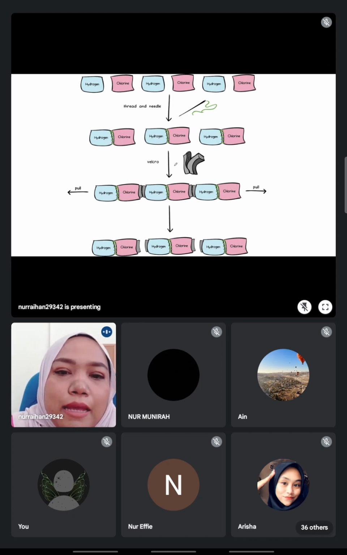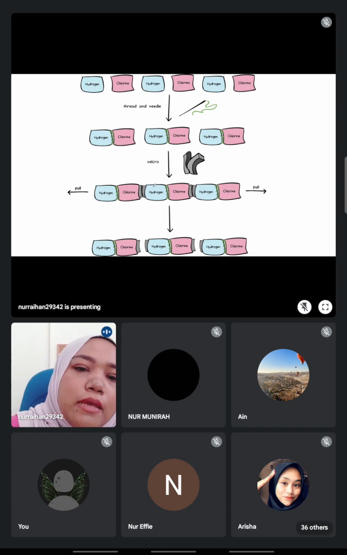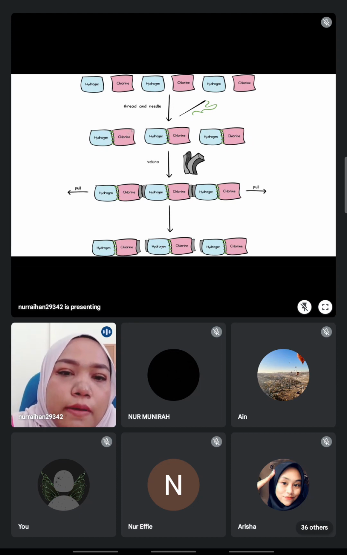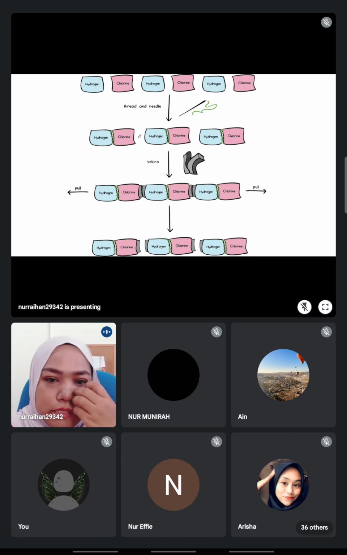And then due to certain forces, they will attract to another molecule. Like this one, you have hydrogen chlorine and hydrogen chlorine, but they will attract to each other due to certain forces.